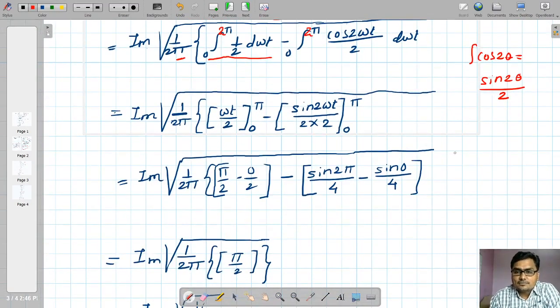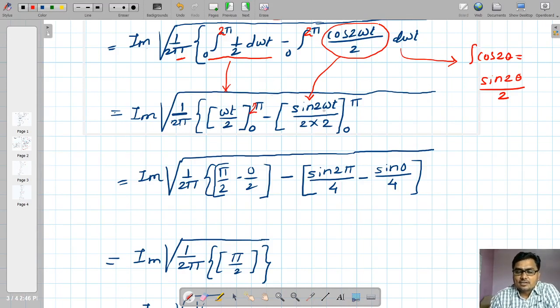Now, integration of cos 2 omega t, this part. We have a formula. What is the formula? Integration of cos 2 theta is equal to sin 2 theta divided by 2, and that's what I'm doing here. Now look at this first. Solve this first. Omega t divided by 2, and now instead of pi I will have 2 pi.